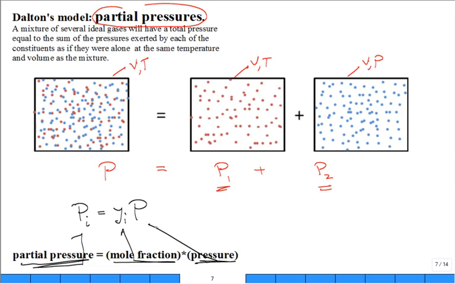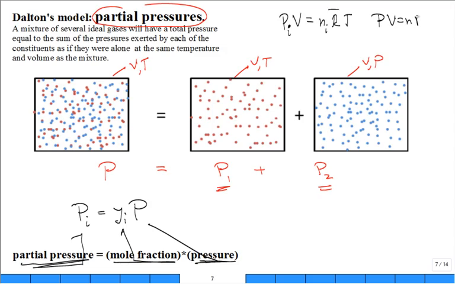Well, let's do this. Write the ideal gas law. PV is equal to n R bar T. And now for Dalton's model, we're going to put the partial pressure, Pi V is equal to Ni R bar T. So you can write that equation two times.